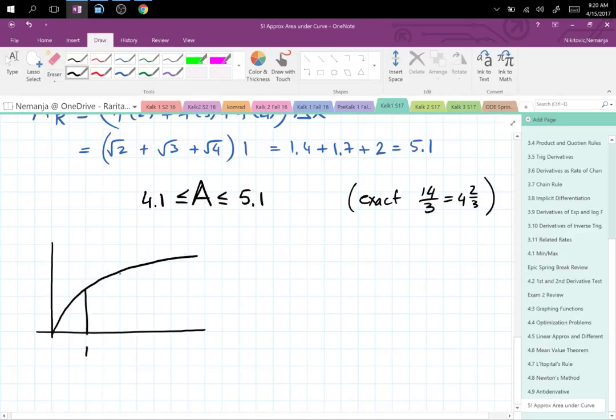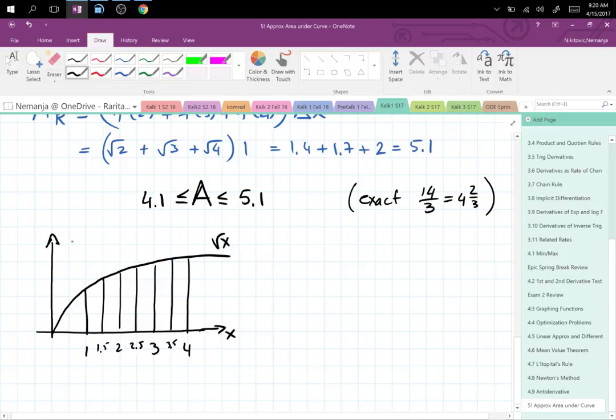So this is 1, it's 2, it's 3, this is 4. And then I'll draw in between at 1.5, 2.5, and 3.5 on the x-axis. Function is still square root of x on the y-axis. So nothing changed.